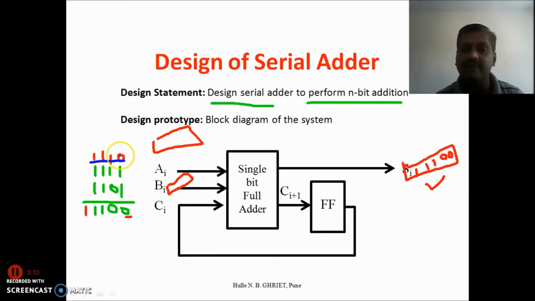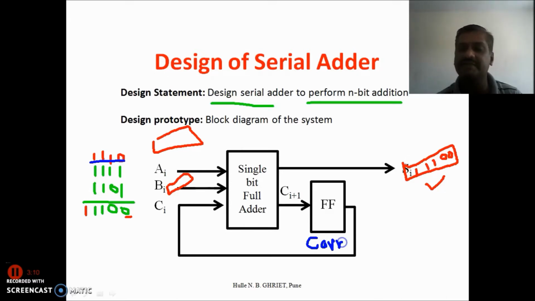This carry we have to memorize for the further addition, and the thing which we have to memorize in that particular case will be treated as a state. Means here in this case we are treating the carry as a state.